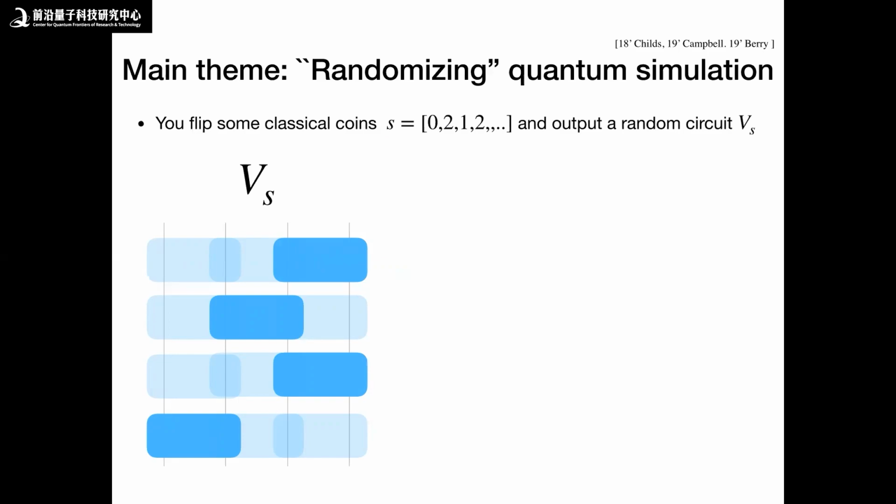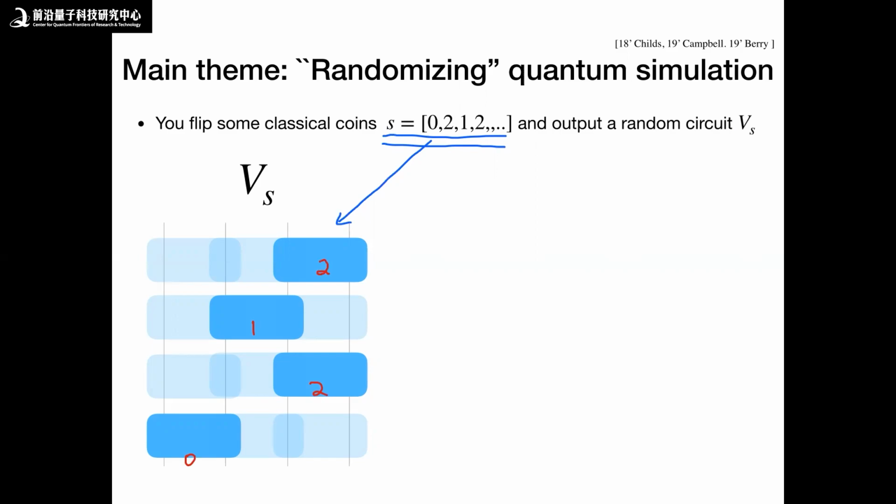What do we mean by randomizing it? We're going to flip some classical coins, and it's going to give you some outcomes. These outcomes are going to be different every time. It's probabilistic. And depending on the outcome, we're going to output a random circuit. For example, it could be 0, 2, 1, 2, and there are many possibilities.